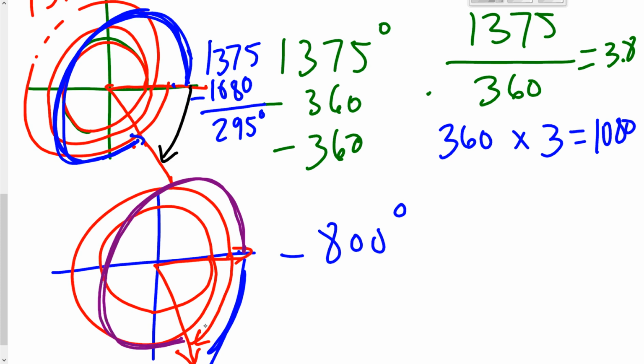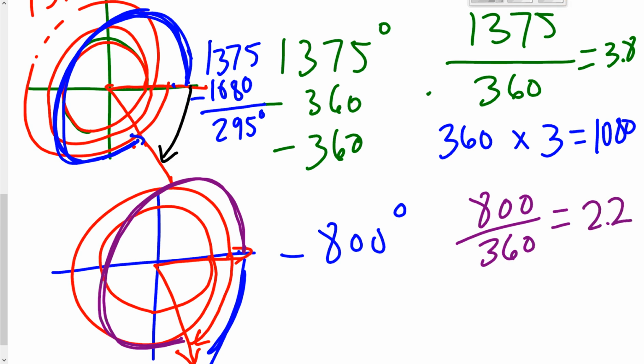So this is a little bit trickier. You could continue adding 360 until you get a positive, or you can take this 800 and divide it by 360. That's 2.2-ish, I'm rounding it there.